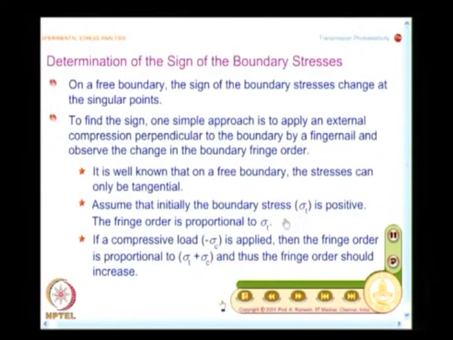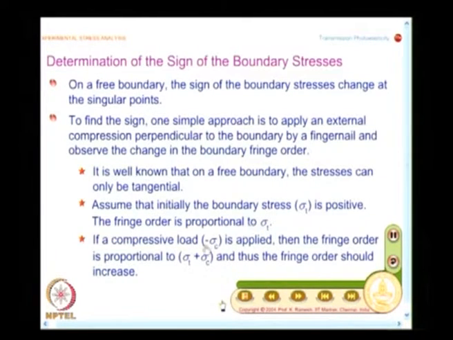We do not know what the sign of the boundary stress is, but we take up a simple situation where the boundary stress is positive to start with, and whatever fringe order you see in the circular polariscope is proportional to sigma t, because in the perpendicular direction the stress is 0 because it is a free surface. So, whatever the fringe order is, it is proportional to sigma t.